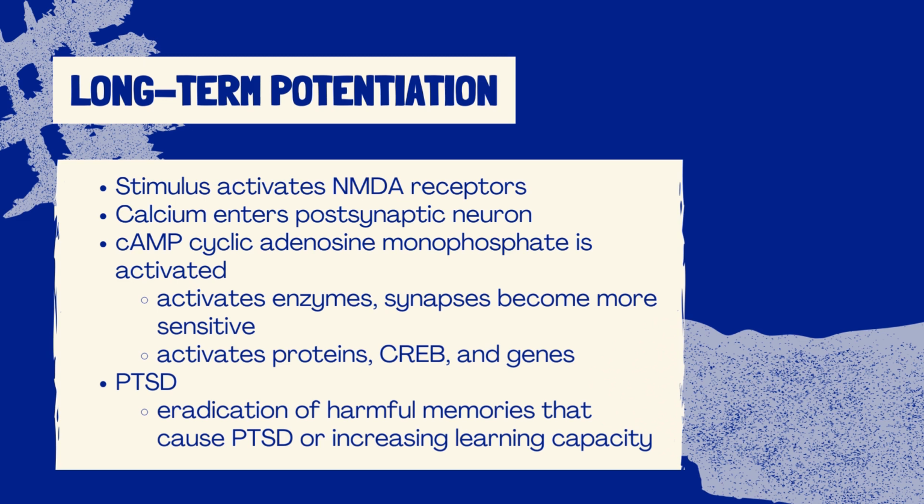So basically, in the action potential that occurs in the synapse, calcium enters through the calcium channels into the postsynaptic neuron after coming through the presynaptic neuron. Next, cAMP, cyclic adenosine monophosphate, is activated, and this activates two options. It activates enzymes and synapses become more sensitive, or it activates proteins, CREB, and genes.